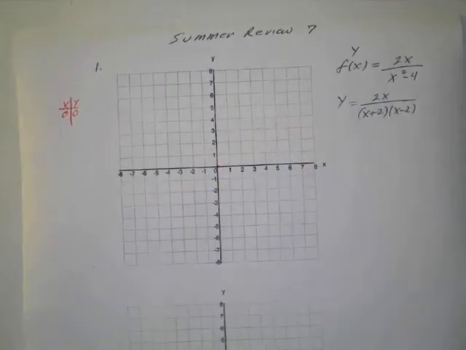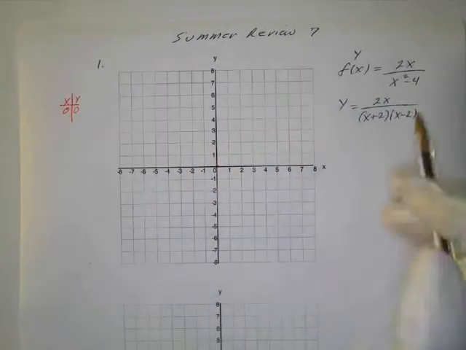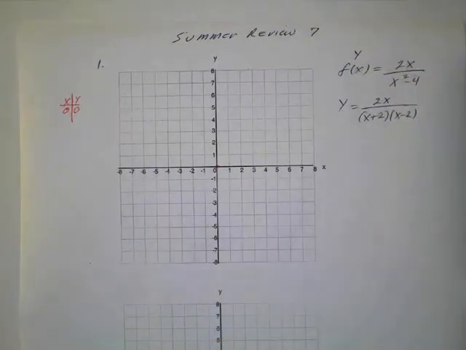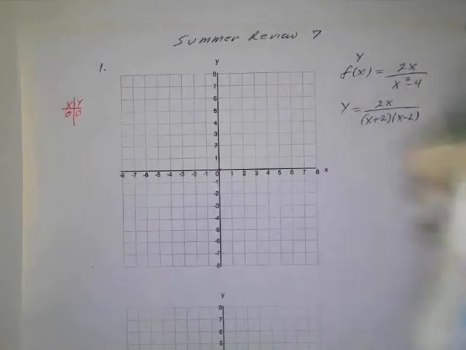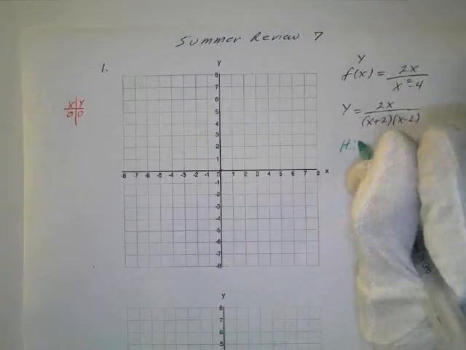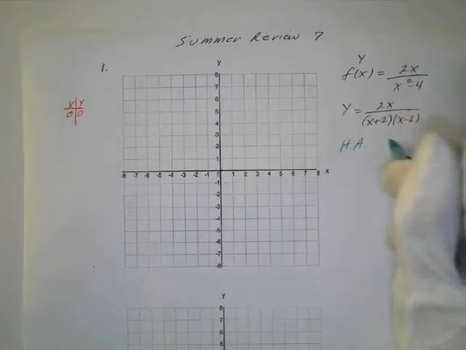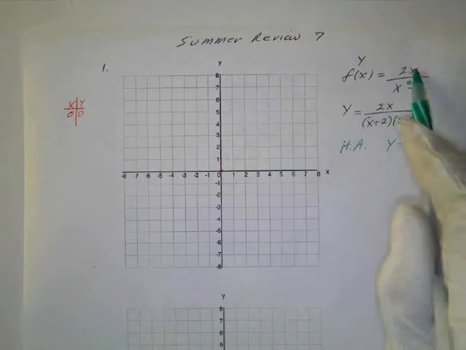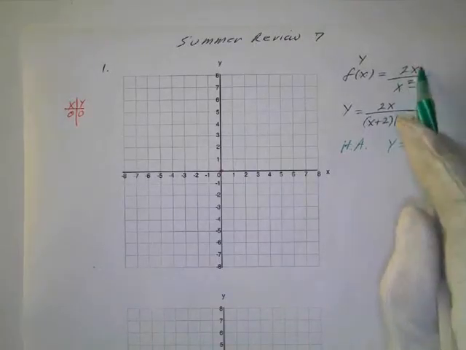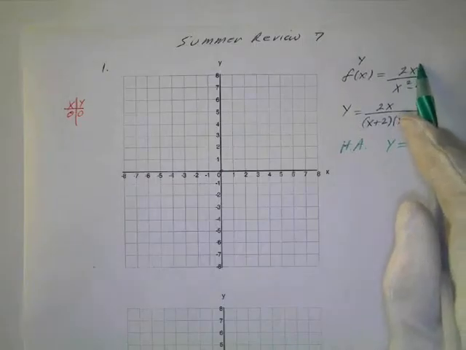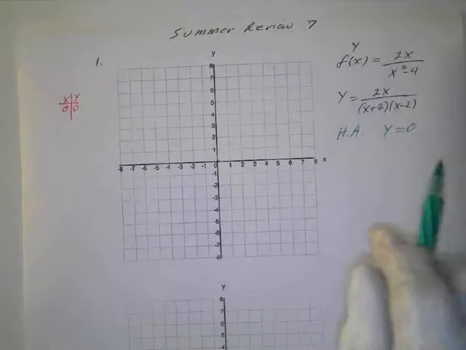That's 1 point. Then if I look at this, the degree of the top is smaller than the degree of the bottom. So what does that tell me? That tells me I have a horizontal asymptote of y equals 0, because the degree of the highest degree term on top is smaller than on the bottom. So I can mark that in with a green line.